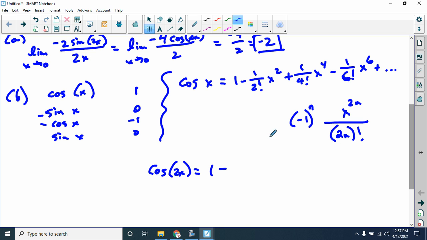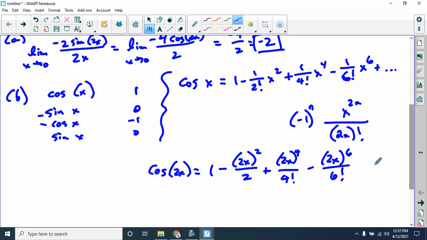So replace all the x's with 2x, and also replace on the general term.